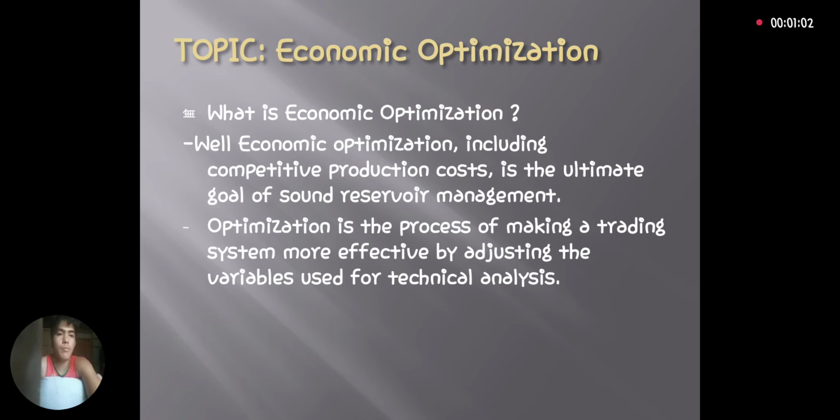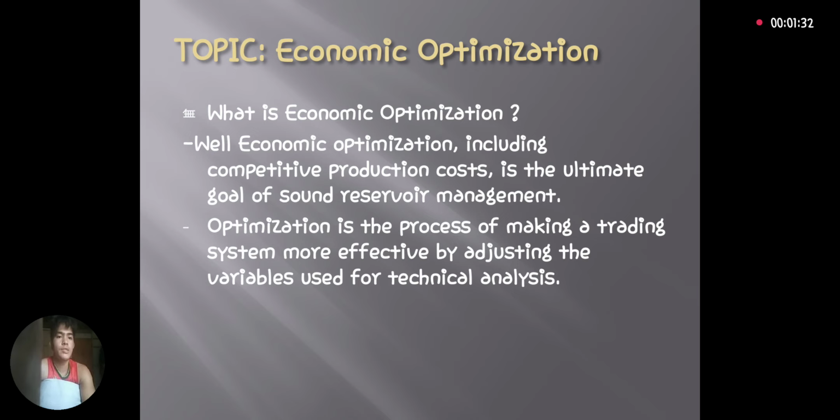The topic is economic optimization. So what is economic optimization? Well, economic optimization, including competitive production cost, is the ultimate goal of sound reservoir management. It involves building multiple scenarios or alternative approaches in order to arrive at the optimum solution.